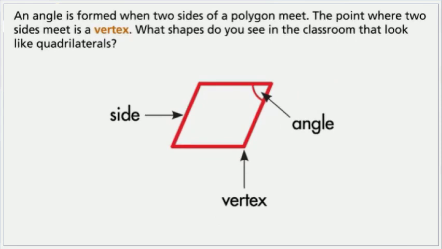What shapes do you see in the classroom that look like quadrilaterals?